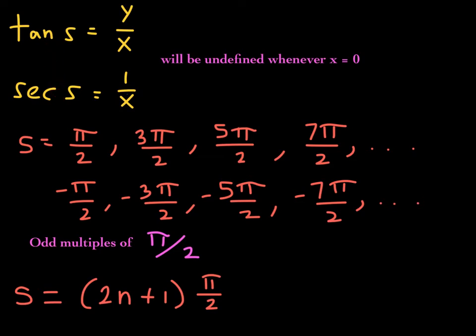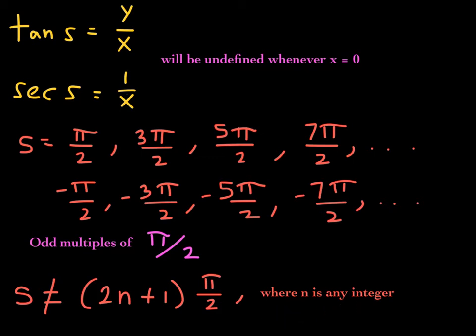So s must not be equal to any odd multiple of pi over 2, or else tangent and secant will be undefined. Let me write that, for n being an integer. Actually, it's written better that way, where n is any integer.